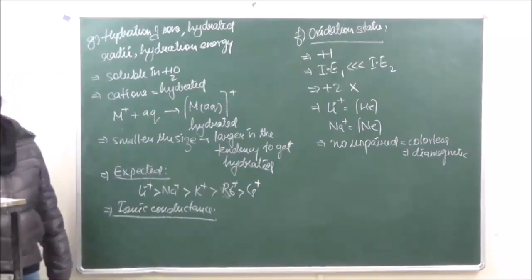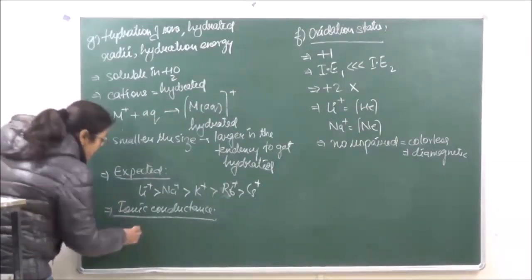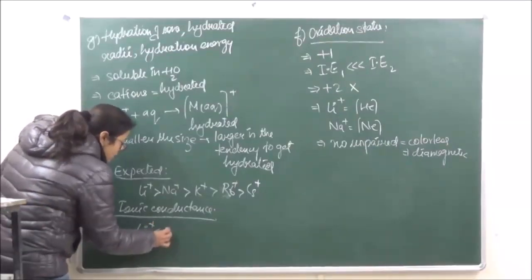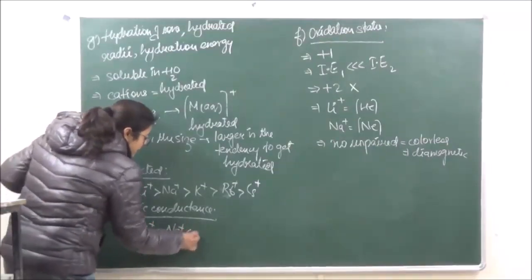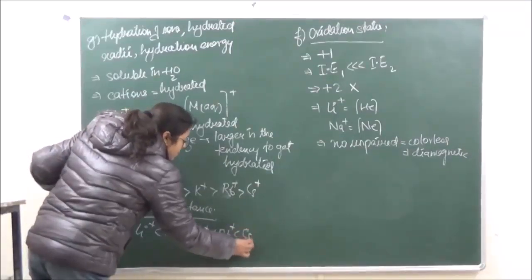Lithium has the highest size of the hydrated ion, therefore it is going to have the least conductivity. So we have lithium positive, then sodium positive, then potassium positive, then rubidium positive, and then cesium positive.